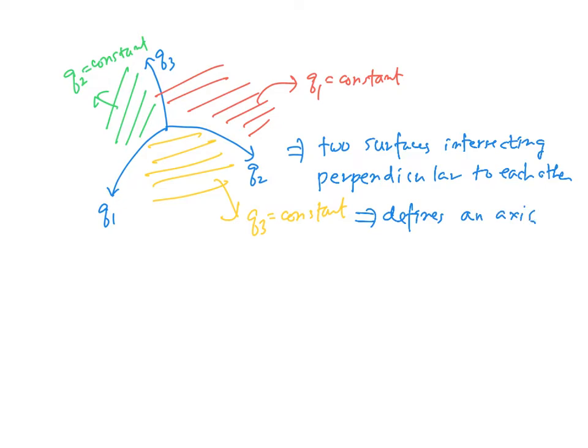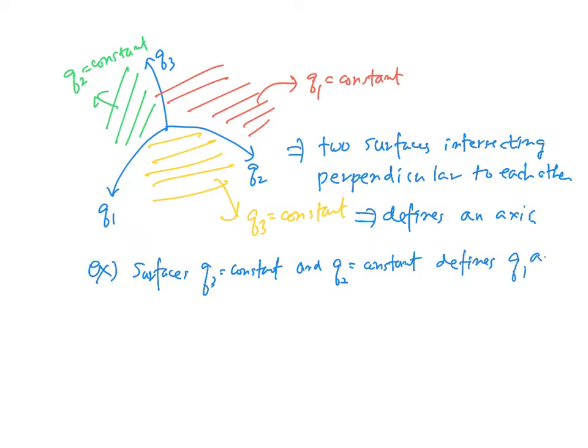So for example, the surfaces where Q3 is constant and Q2 is constant define the Q1 axis. That's one example.